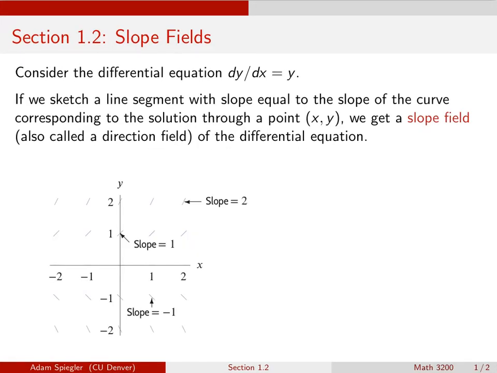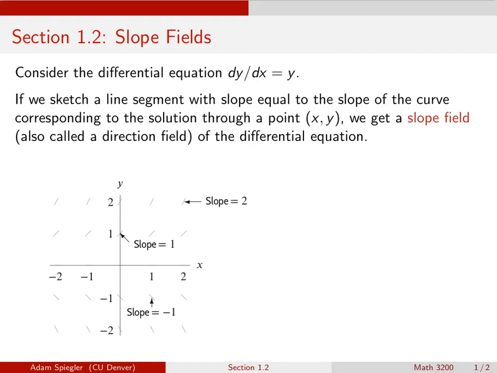And let's see what this looks like now more completely. Looking at the graph, we can see that for all of these points along the line y equals 1, which all have the same y coordinate of 1, they're all going to have the same slope of 1. All of these points that have a y coordinate of 2, the solution through all of these points is going to have a slope of 2.